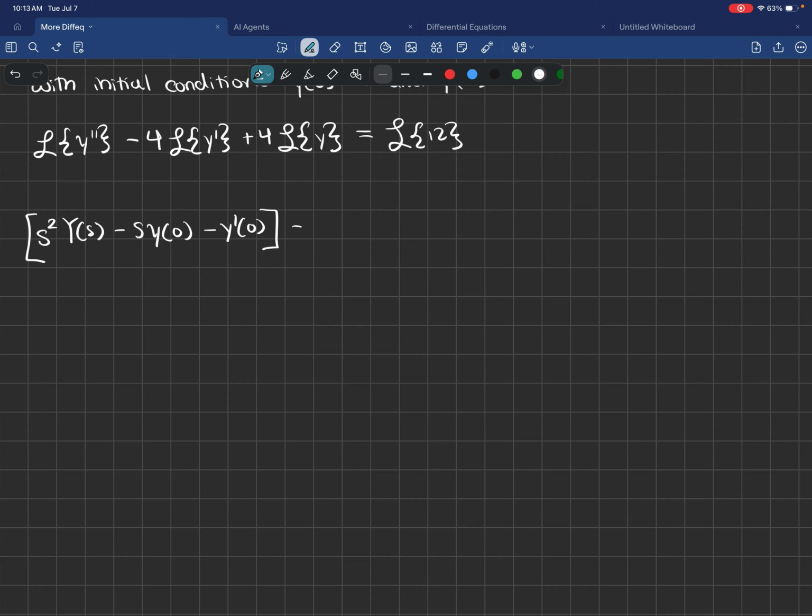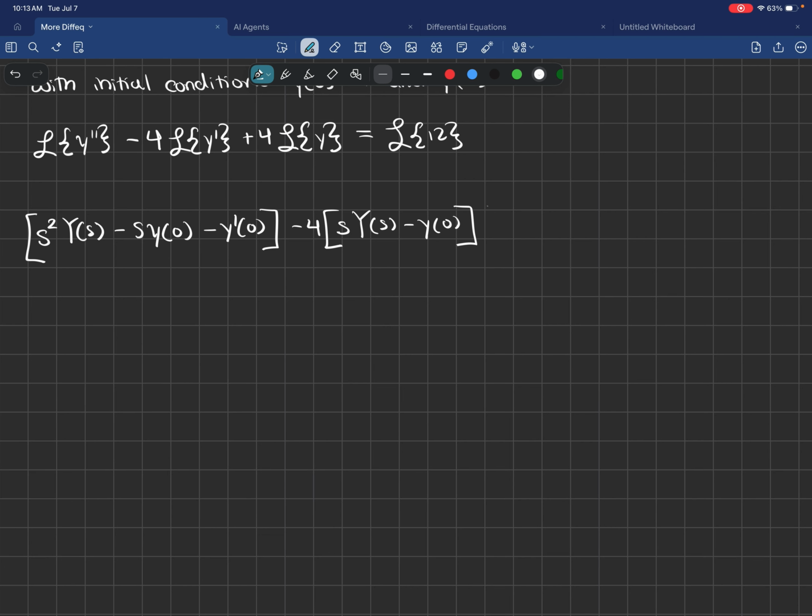So then the next one, the Laplace of y prime, so we're going to have our minus 4. Then here in parentheses, we're going to have our s Y of s minus y of 0. And then the Laplace of y is just going to be Y of s.